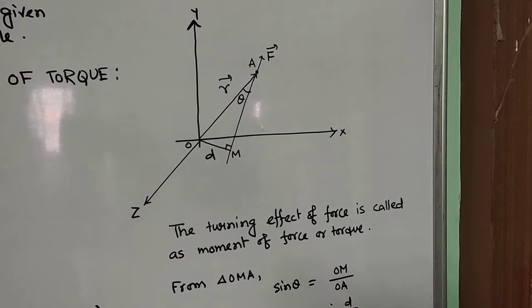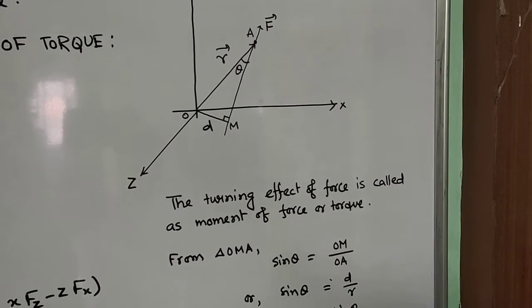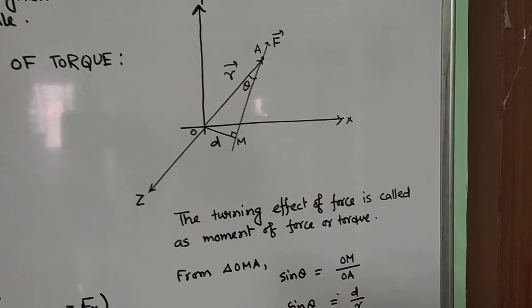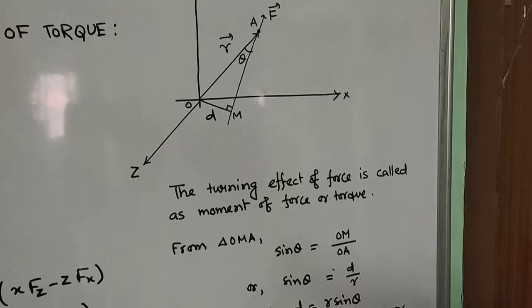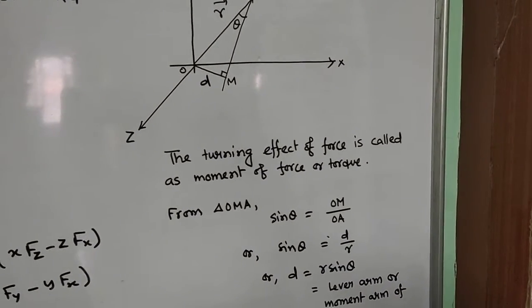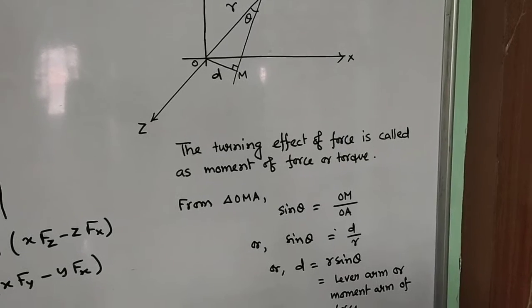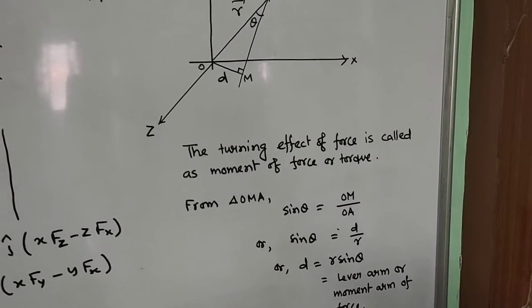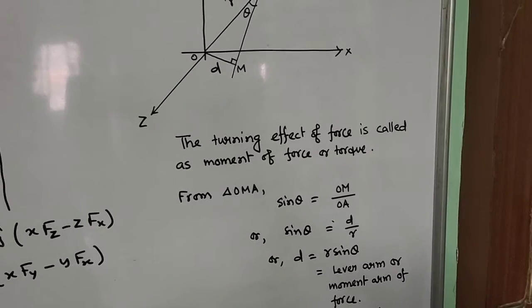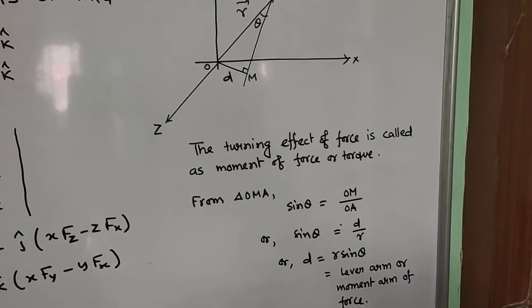Perpendicular is your OM and hypotenuse is your OA. So sin theta equals OM, which is d, over OA, which is r. So d equals r sin theta. And d is nothing but the lever arm or moment arm of force. So OM is the lever arm or moment arm of force.